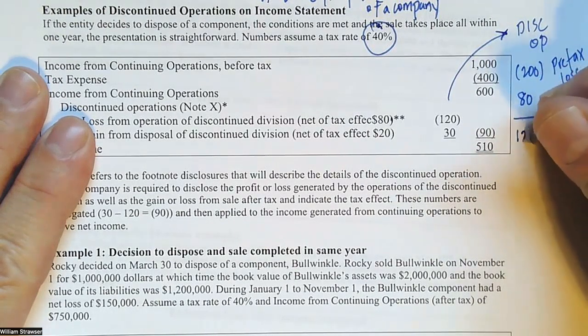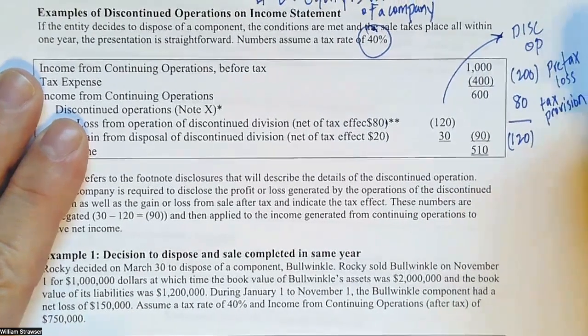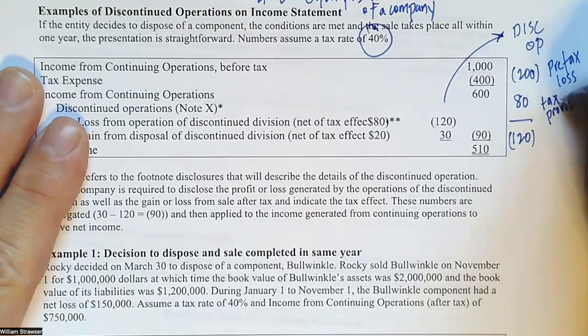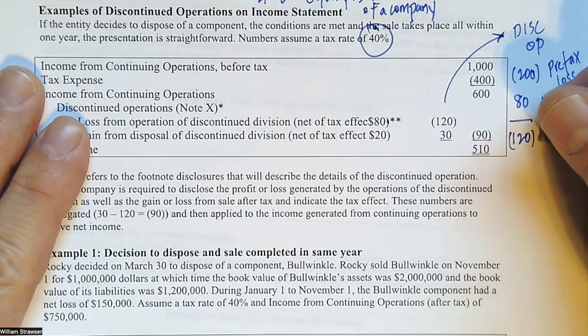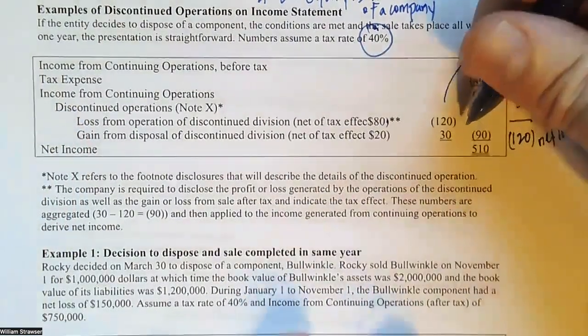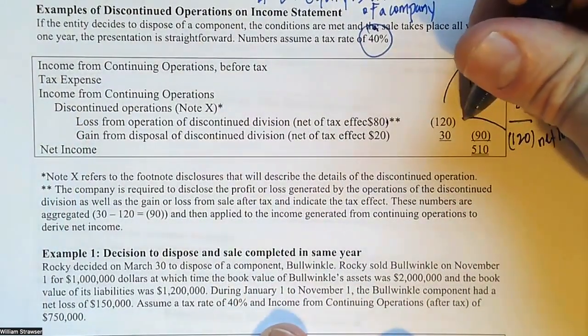That leads me to a $120 loss. So some of my loss is reduced by the tax savings off of that loss. This is now my net loss, which is reported here.